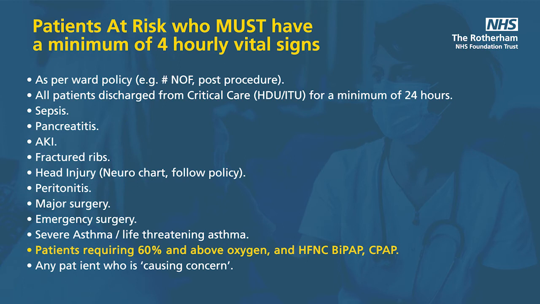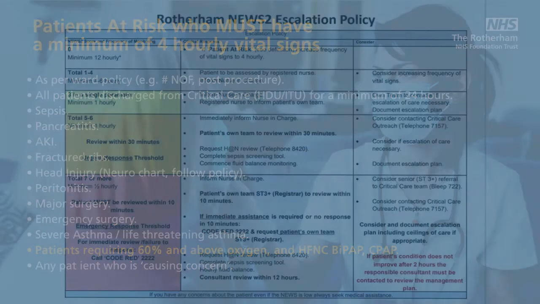Anybody who's had major surgery, particularly emergency surgery. And in medicine, anybody with severe asthma or those requiring increasing amounts of oxygen should all be on 4 hourly obs as a minimum. It may be that some of these patients, you even decide to put on more frequent obs, and that is absolutely fine.